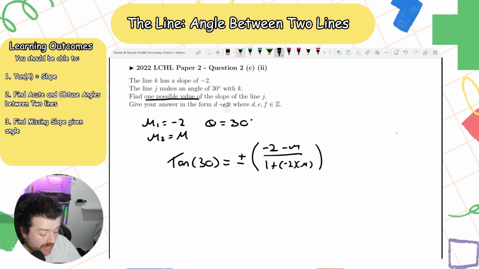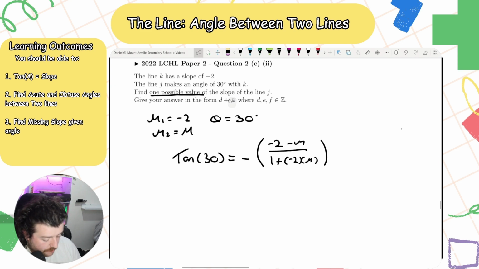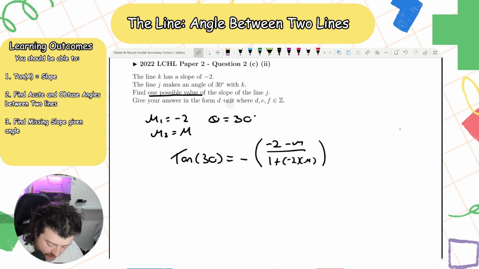So I only need to find one possible value. So for the sake of ease, I'm just going to find the one with the negative sign. I only need to find one possible slope here. So tan 30, I believe, is root 3 over 3.